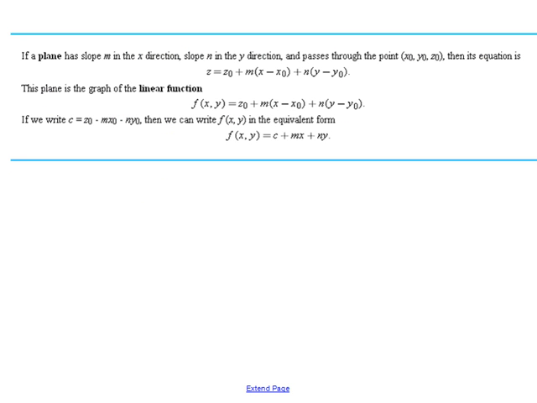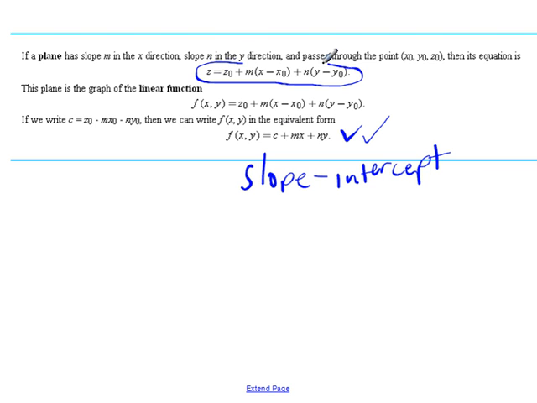So let's add one other equation that we can use. We've been using the slope-intercept form. But another equation that we want to be comfortable using is the point-slope form.